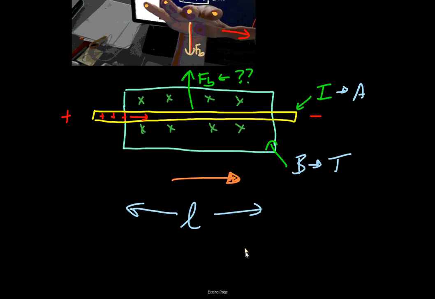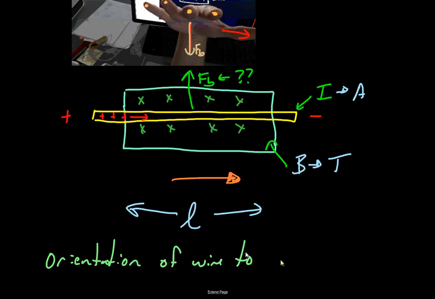And there's one last thing, okay? B is measured in Teslas all the time, okay? Orientation of wire to field, okay? So it turns out that you only get force when the charges are moving perpendicularly or at a right angle to the field.